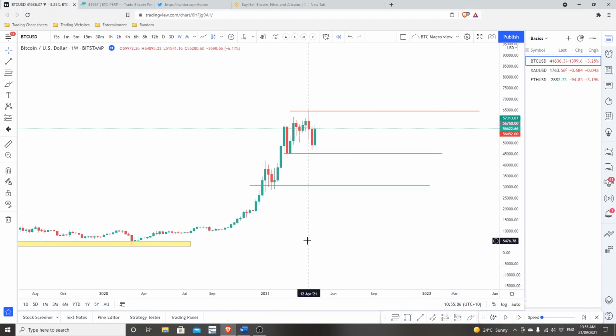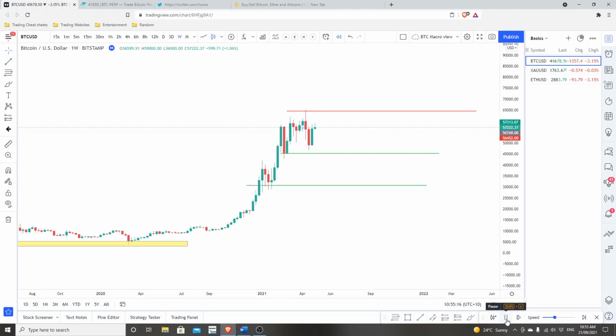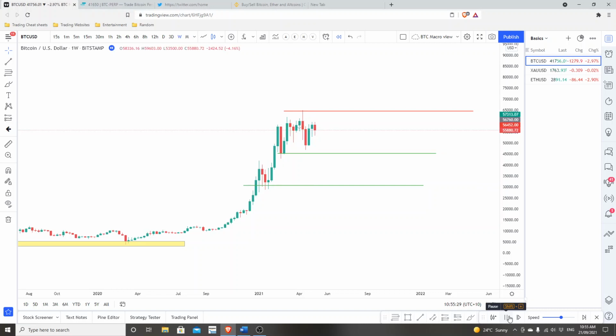Now, a failure of a level will be a candle close through it, and we get a great example in a couple of candles time. Watching.